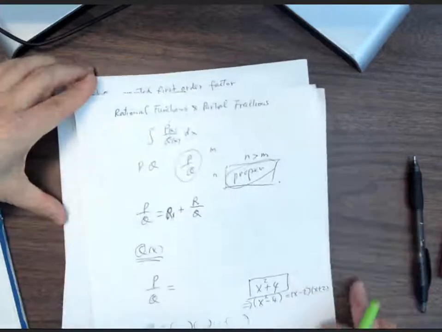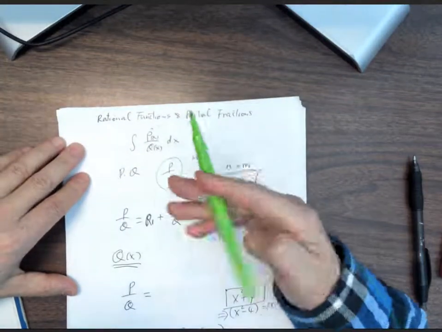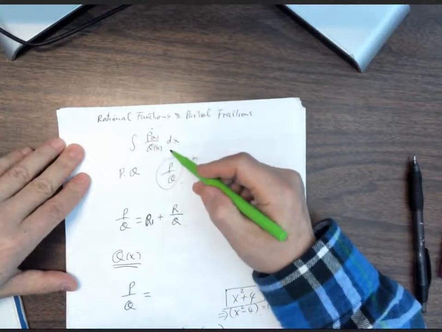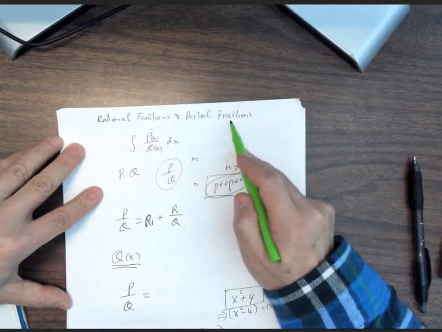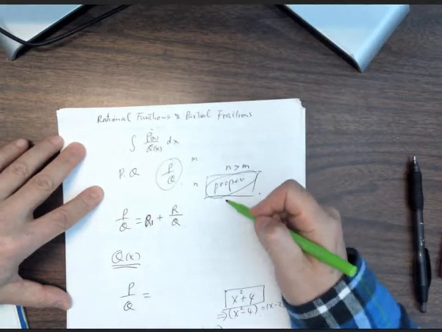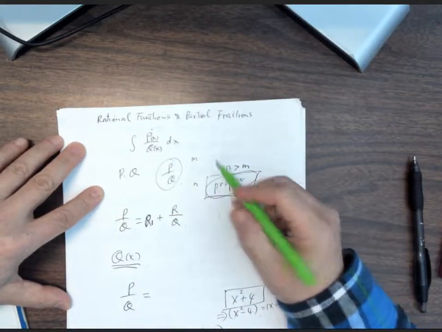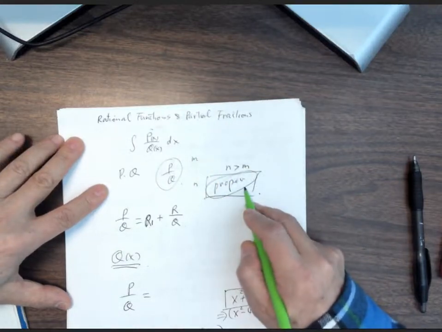Okay, so this is how we integrate rational functions using the method of partial fractions. Again, we only talk about proper fractions. This partial fraction method works on proper fractions only, but that's okay.